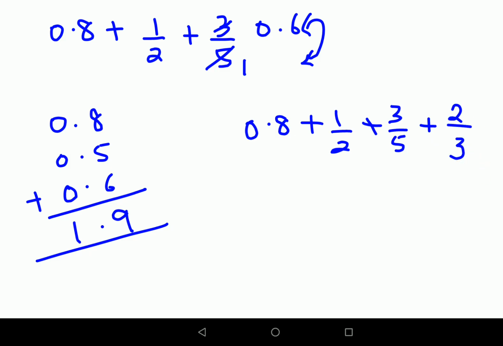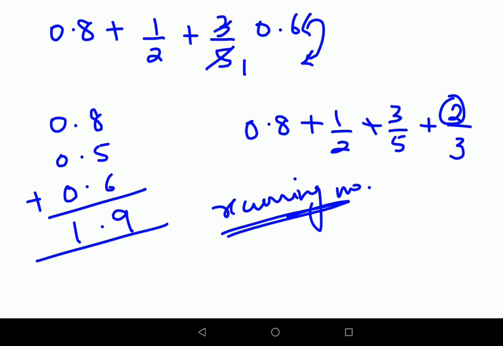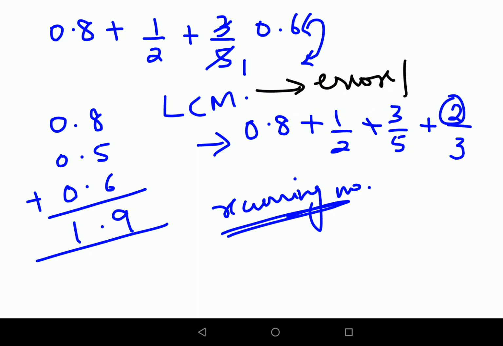In that case, anything when divided by 3, if it is not completely divided, like in this case 2 is not completely divided by 3, you get a recurring number. So at this particular step, I would request all of you to follow the LCM method, because it's much much easier, and it is going to make sure that you make fewer errors, very error free.